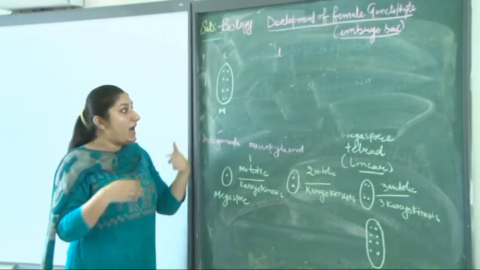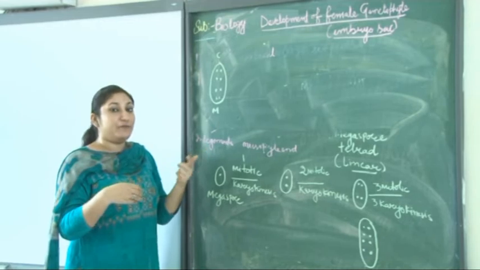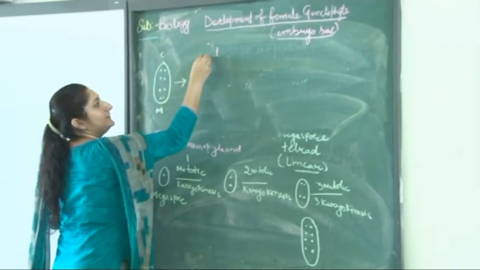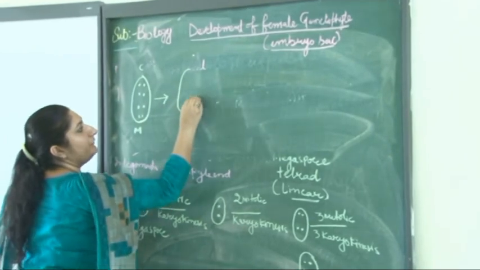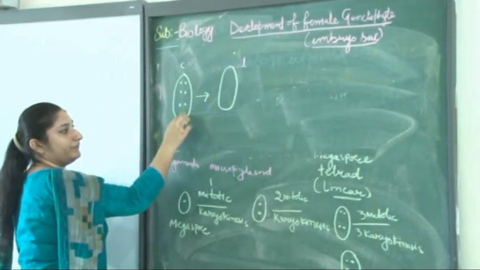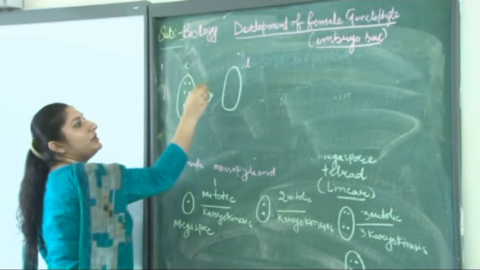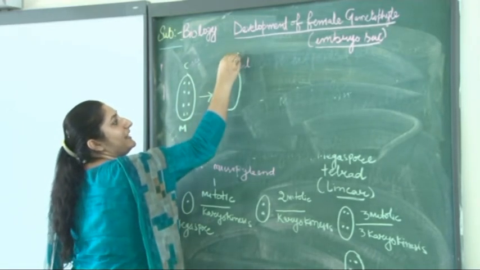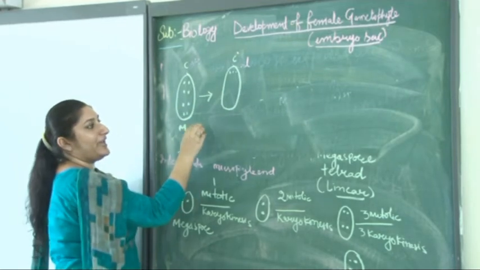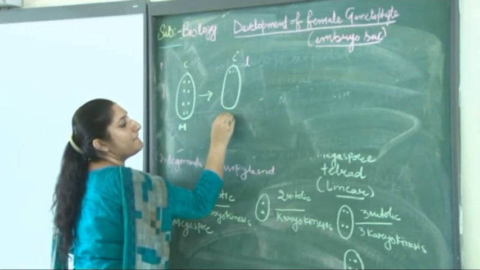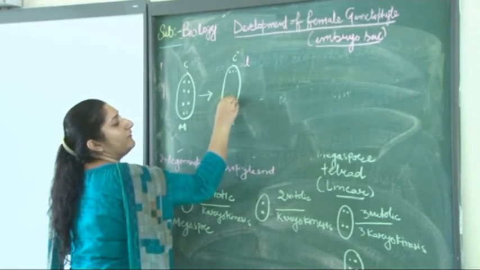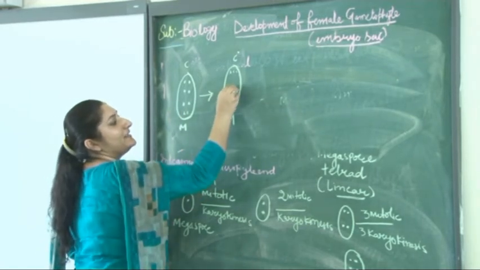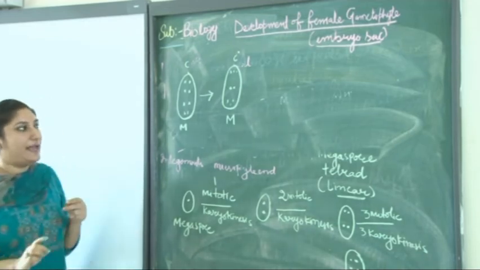Now we will see how the rearrangement of these nuclei takes place. Three nuclei go to the micropylar end, three to the chalazal end, and two nuclei will remain in the center of that cell.